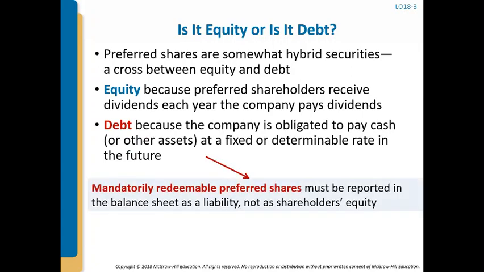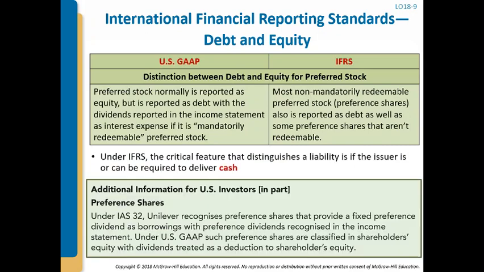It's debt because the company is obligated to pay cash at a fixed or determinable rate, like I said. And if they're mandatorily redeemable preferred shares, they must be reported in the balance sheet as a liability, not as a shareholder's equity account, because the company is on the hook to redeem these at some future date.